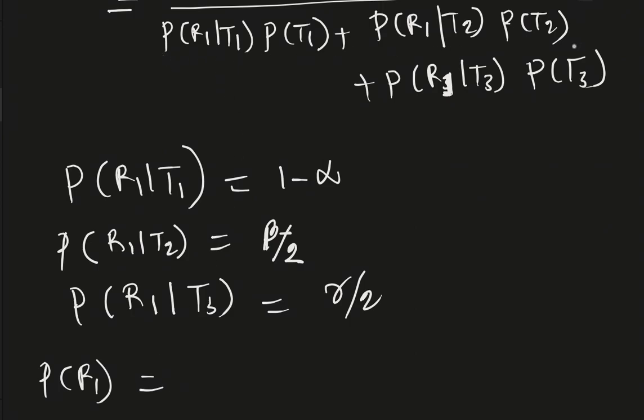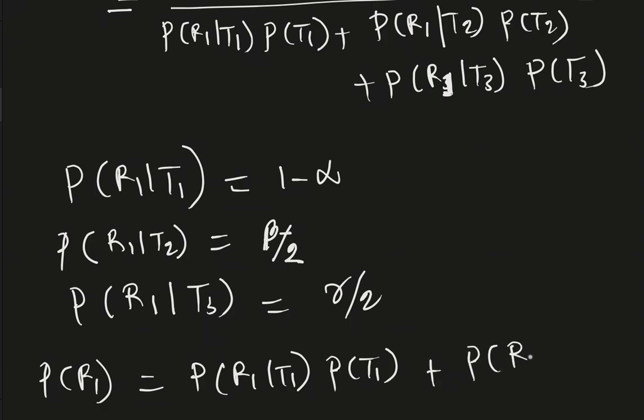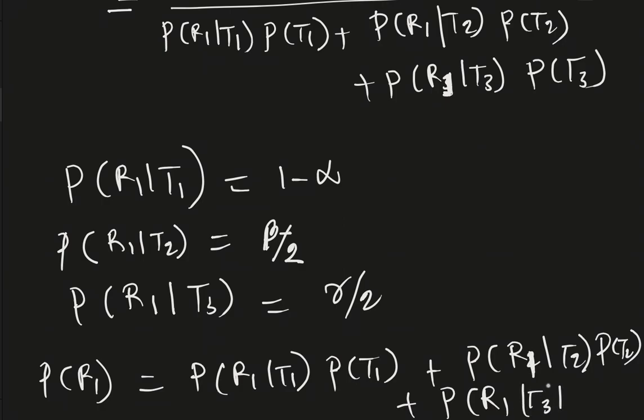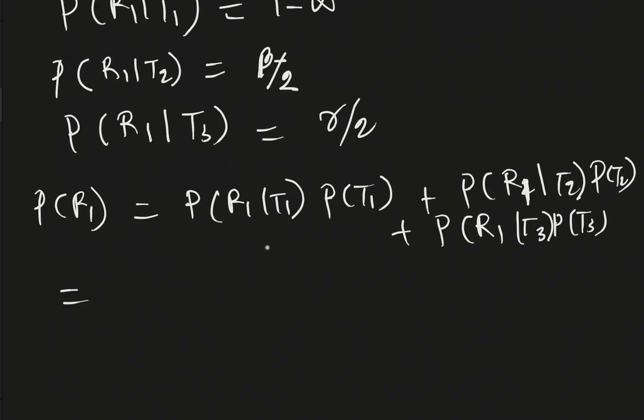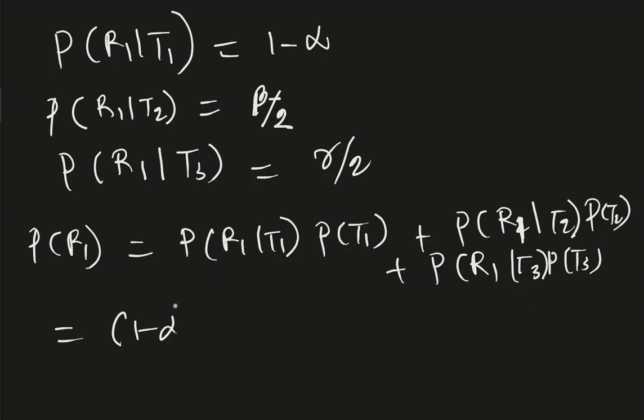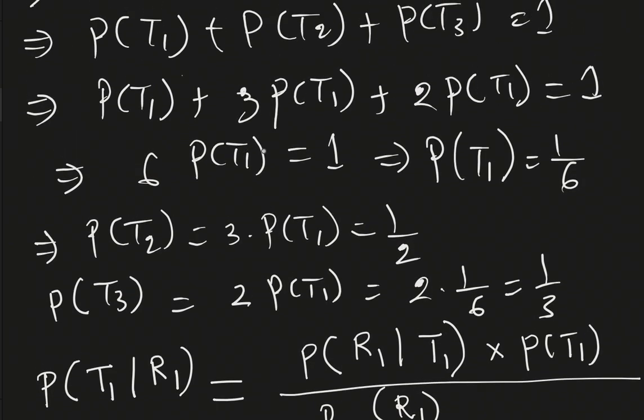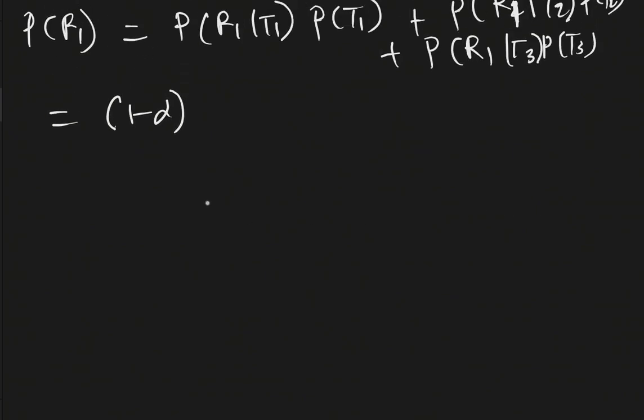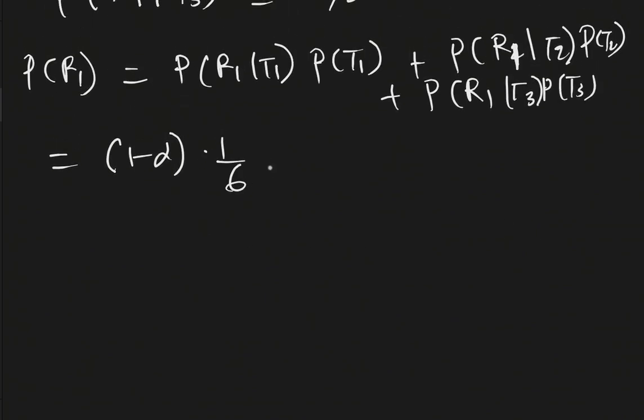We know that P(R1) means these summations. So let me write it again here: P(R1|T1) P(T1) plus P(R1|T2) P(T2) plus P(R1|T3) P(T3). This is 1 minus alpha, and we have already calculated P(T1), which is 1 by 6.